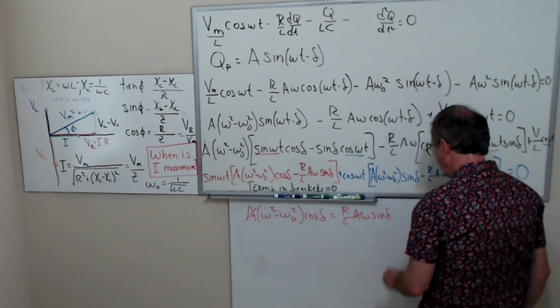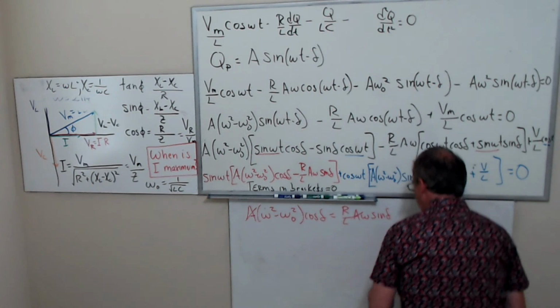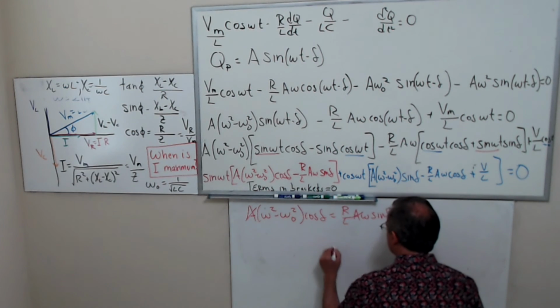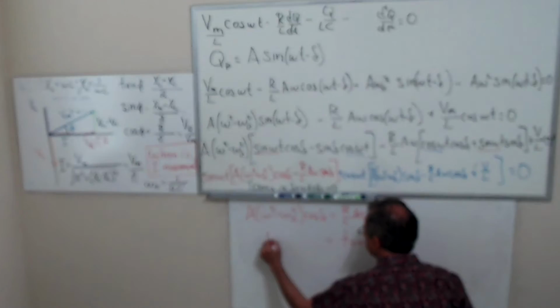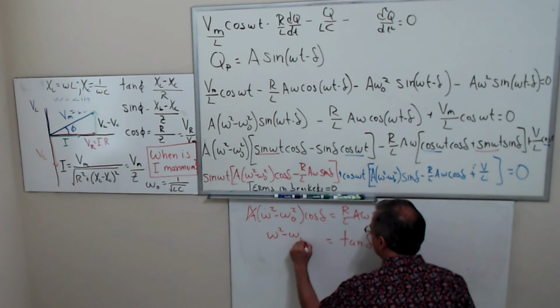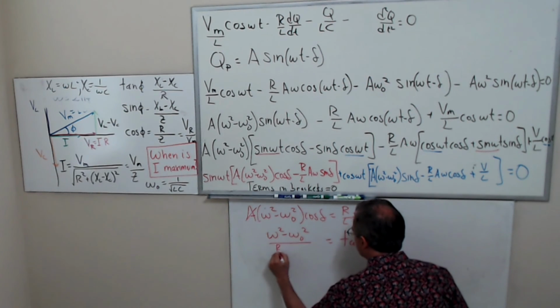The A's cancel. And what you get is tangent of delta is omega squared minus omega naught squared.